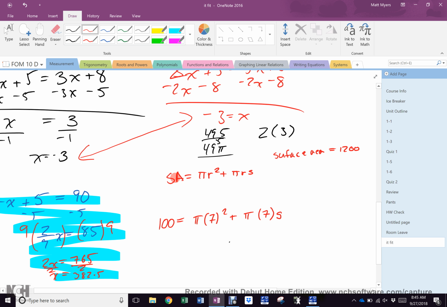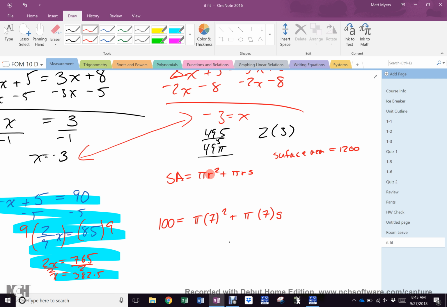SA is the surface area. So what is the surface area? 1,200. The radius is 5. R is the radius. So what number do you put for R? 5. What if the radius was 3.78? Then you put 3.78. For surface area or for R? R. So where's the complexity?